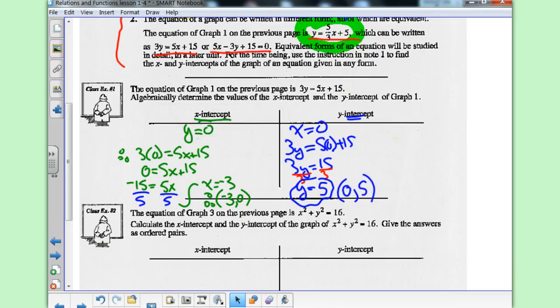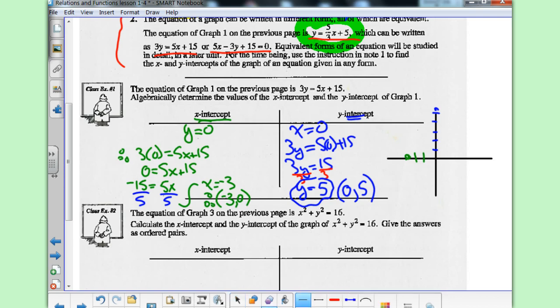Now, you guys learned about graphing relationships in ordered pairs. If now you go over here and you say, what does this actually look like? Well, interesting enough, if you plot those 2 points, minus 3 and 0, the x-intercept, 1, 2, 3, and if you plot the y-intercept of 0, 5, 1, 2, 3, 4, 5, you end up with a line. And that's what this relationship actually is.